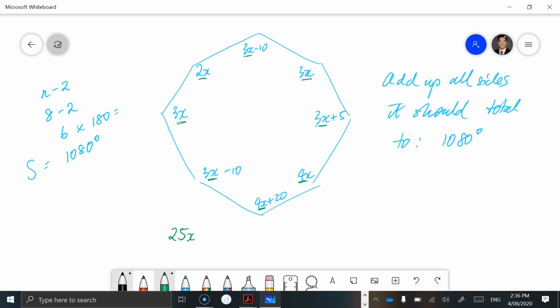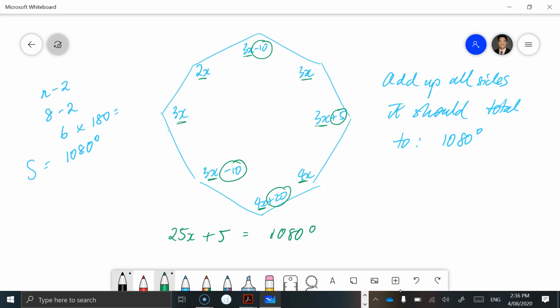Then let's look at the numbers. We've got 5 plus 20, which is 25. If we take away 10, it's back to 15, and then if we take another 10 away from that, we're left with 5. So we've got 25x plus 5 equals 1080 degrees.